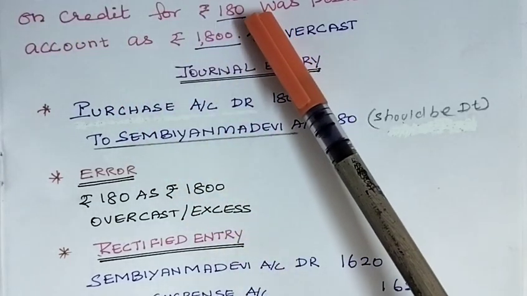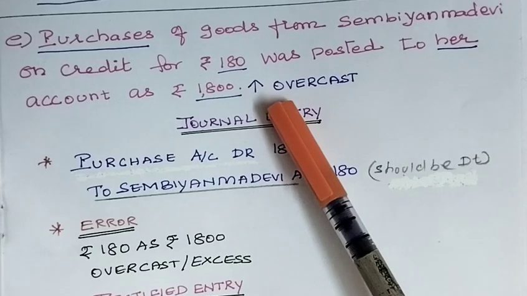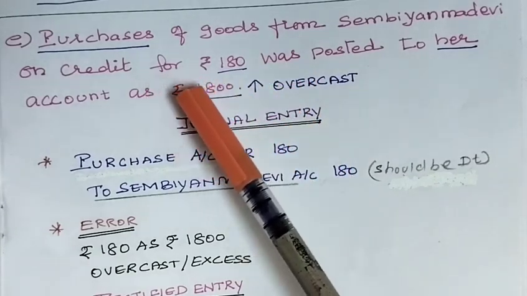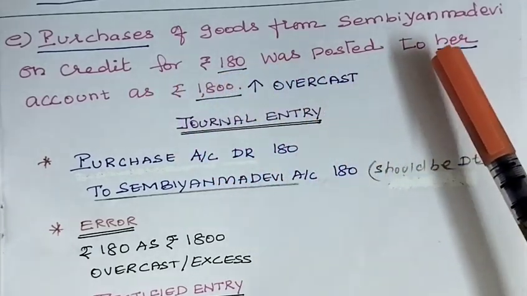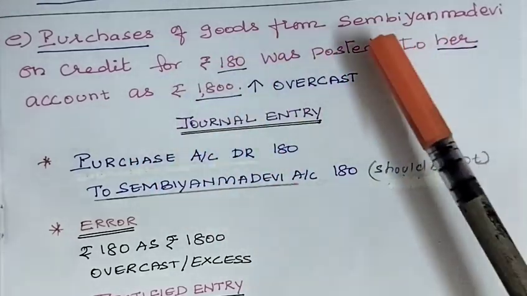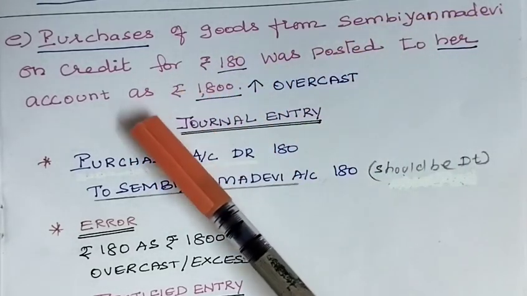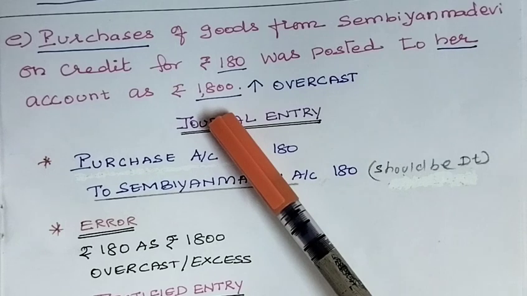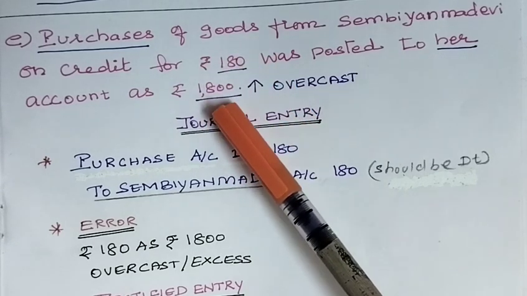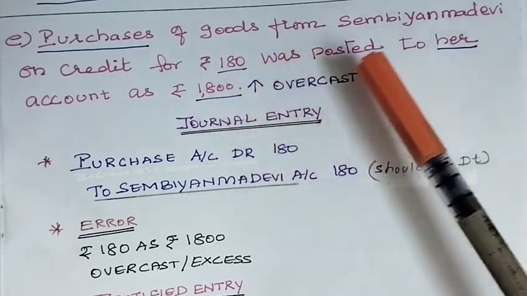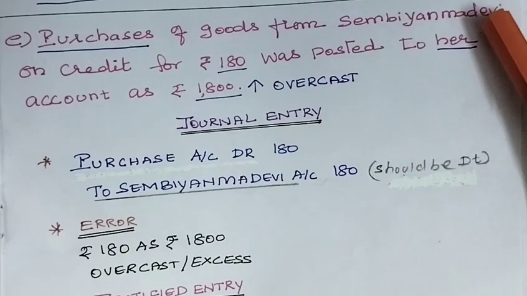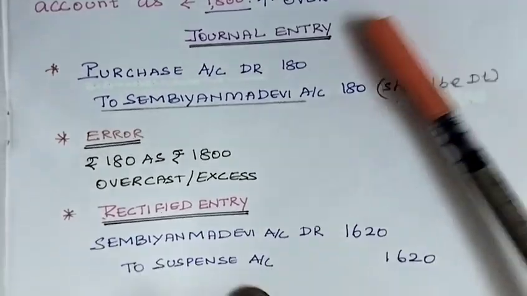Okay. But what is the error? Listen. 180 rupees was posted to her account. Whose account? Sembian Madevi account as 1,800. Instead of 180 rupees, they entered 1,800 to her personal account, Sembian Madevi's account. Okay, so what is the error?